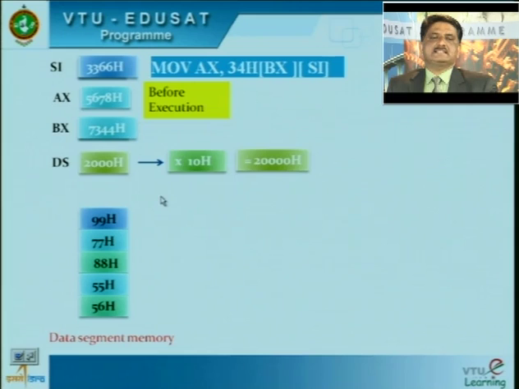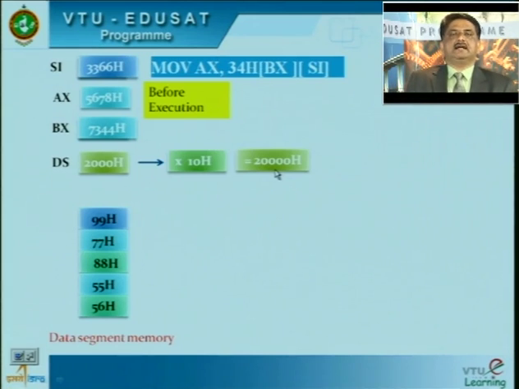Now, once this instruction starts getting executed, immediately the data segment register content is taken and multiplied by 10H to convert this 16-bit starting address of the segment into a 20-bit starting address of the segment. Who will do this? The address adder, which you have seen in the architecture of 8086, does this job. In the bus interface unit, if you carefully observe, there is a box called the address adder.